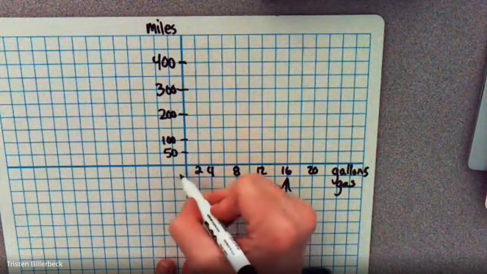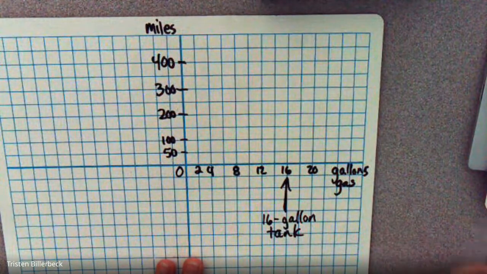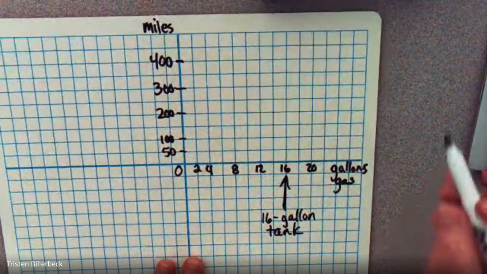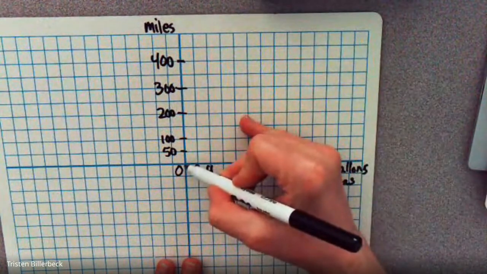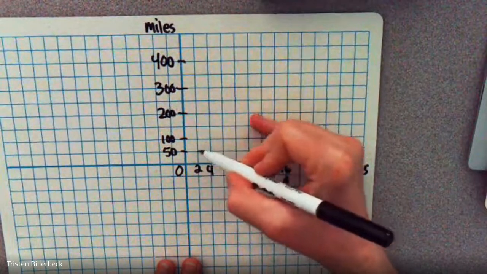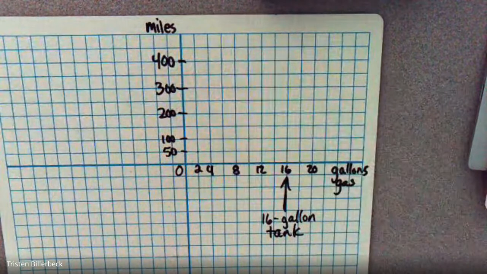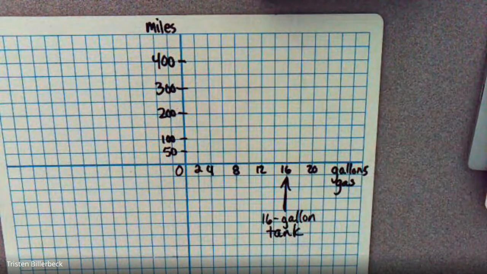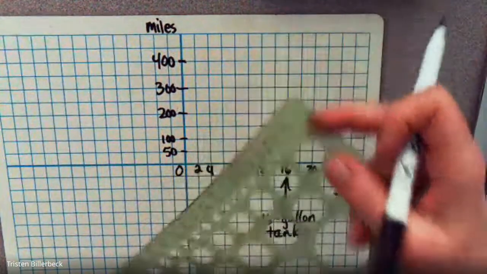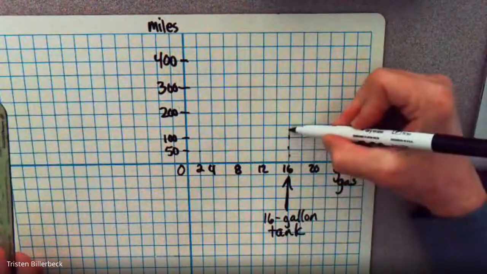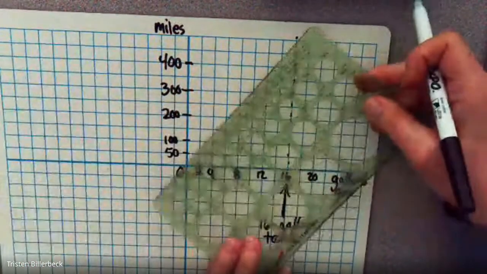It will carry 0, and I would be in a very sad way if it was at 0. I wouldn't go anywhere. So if we plotted this, we could go from 0 to here, and we're going to have to stop here at 16. So let's go ahead and graph this and see how many miles the little Subaru can go when we hit 16. We're going to put this little barrier here that says we cannot go any farther than that.